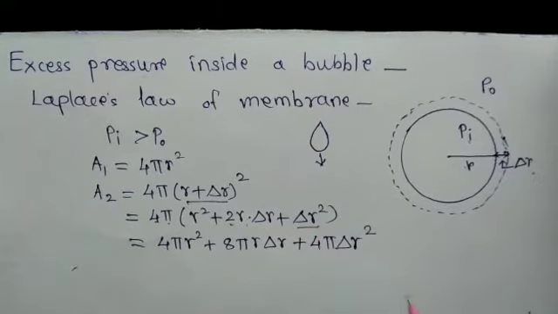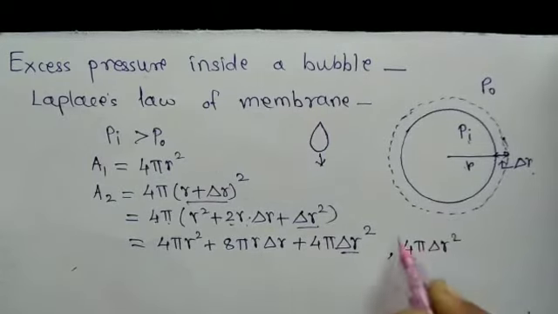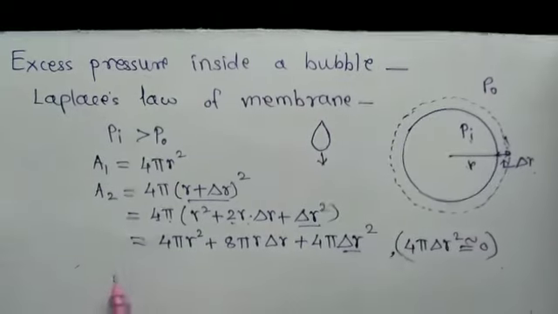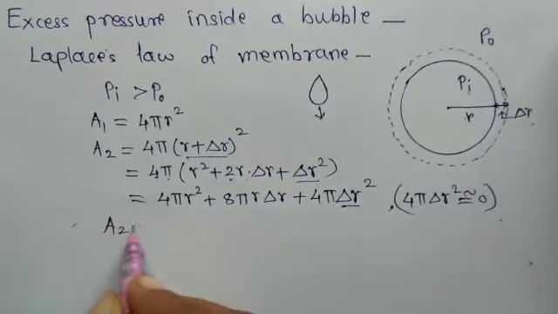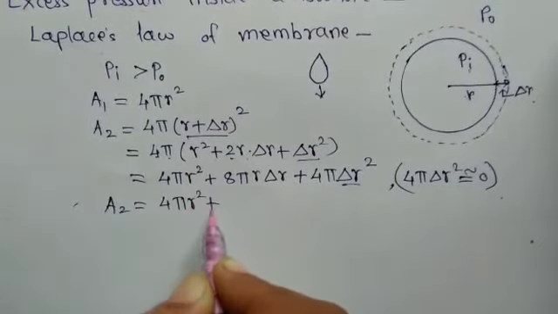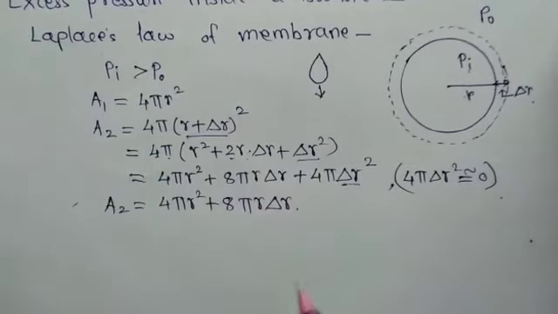Since delta r is very small, delta r square is neglected and 4 pi delta r square is nearly equal to 0. Therefore, A2 is equal to 4 pi r square plus 8 pi r delta r.